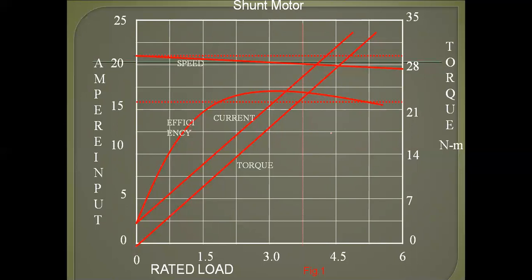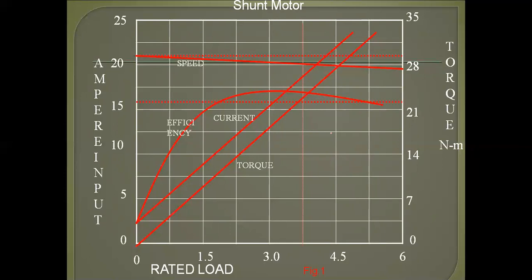Hence, flux will have maximum value on no load, but will slightly decrease due to armature reaction as the load increases. But for most purposes, the flux is considered to be constant, neglecting armature reaction effect.